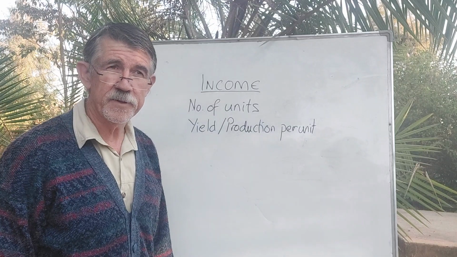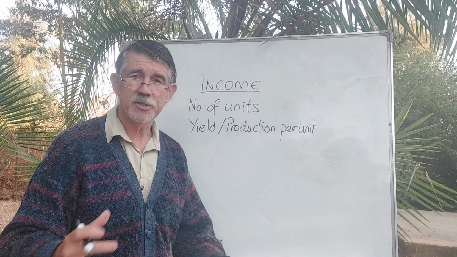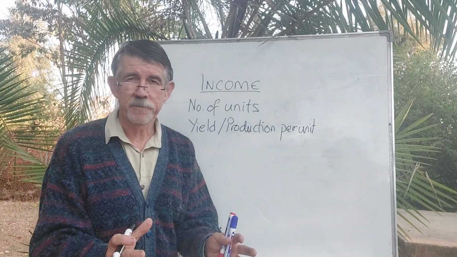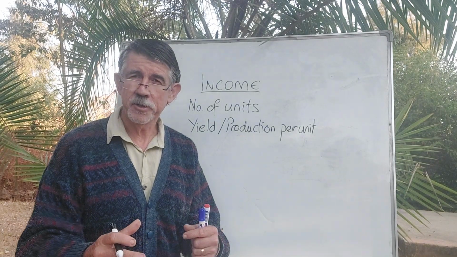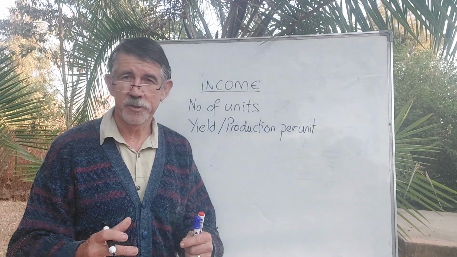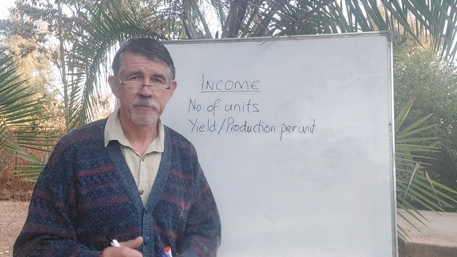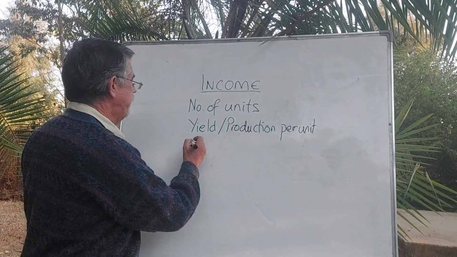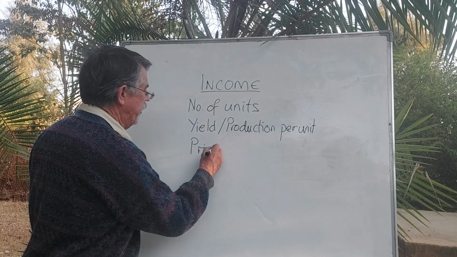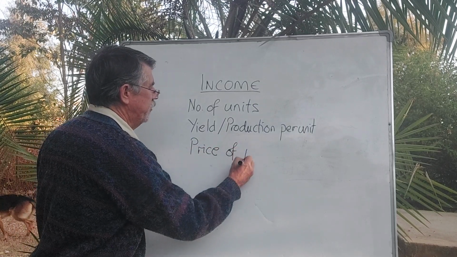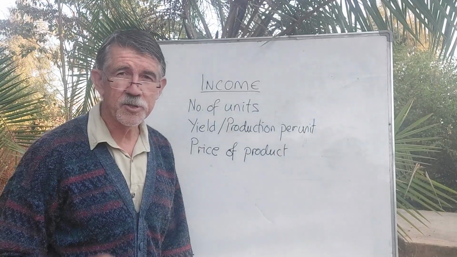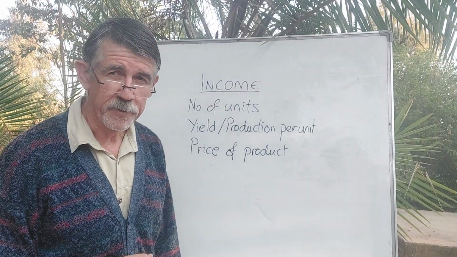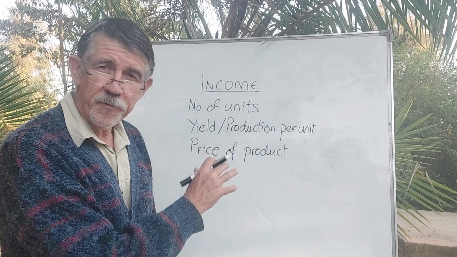Obviously we're going to achieve a certain production from each unit, whether that's a certain weight gain on an animal or a certain amount of grain from a crop or a certain size of vegetable. And then we're going to have the price of product. So those three things determine our income. And we have to figure that out.